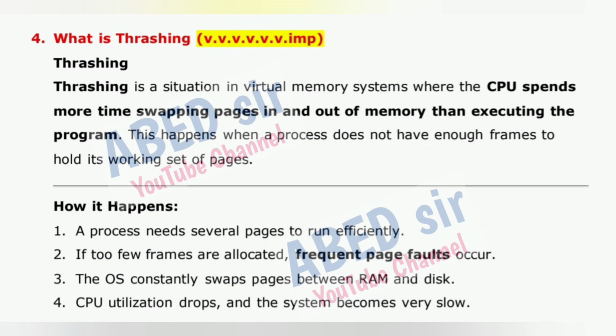How it happens? 1. A process needs several pages to run efficiently. 2. If too few frames are allocated, frequent page faults occur. 3. The OS constantly swaps pages between RAM and disk. 4. CPU utilization drops, and the system becomes very slow.